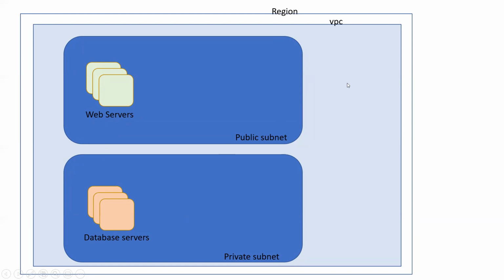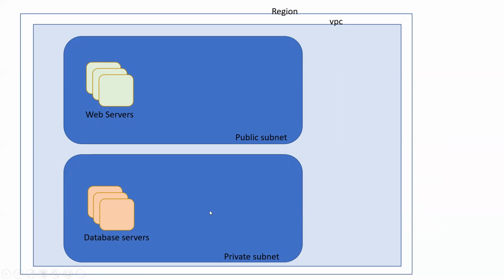The internet traffic cannot come into the database. But at least they need outbound internet connection so that they can update their operating system, OS patches, database patches, or do a minor version upgrade. How can I do that? Well, I'm going to show you how you do that.